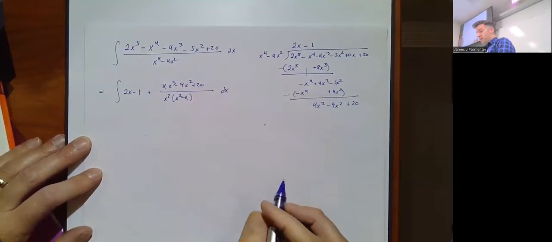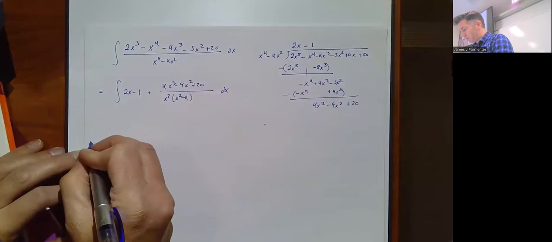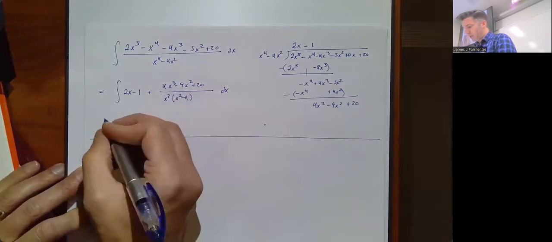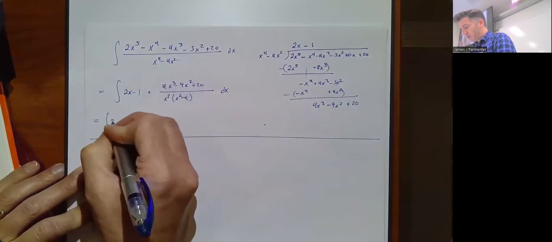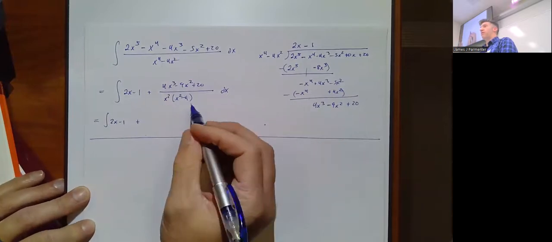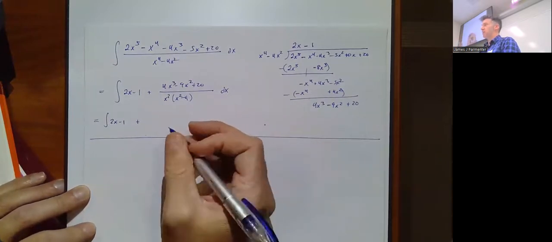Okay, so now it's time for the partial fraction decomposition. I should point out, we're going to end up getting the integral of 2x minus 1 plus some other stuff, like an a over x, a b over x squared, a c over x minus 2, a d over x plus 2.